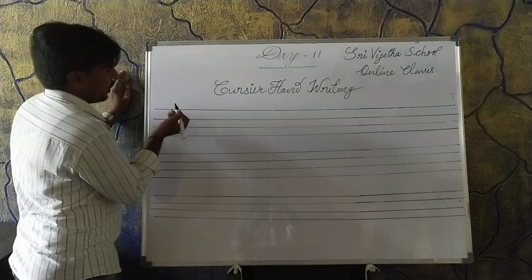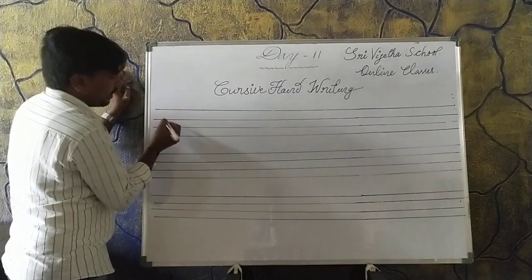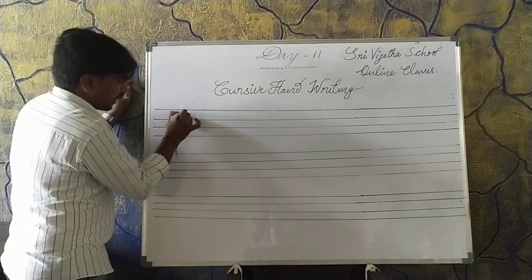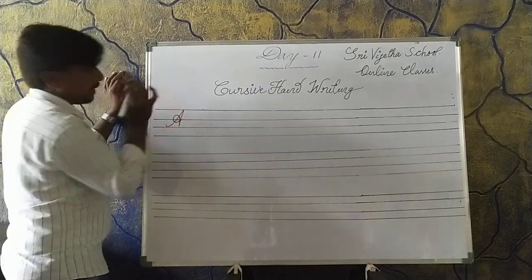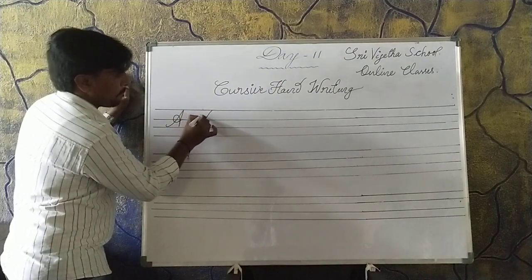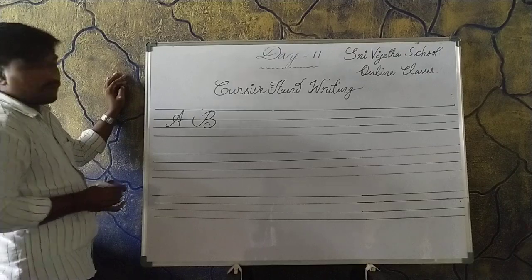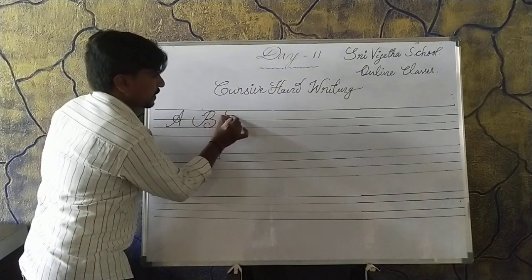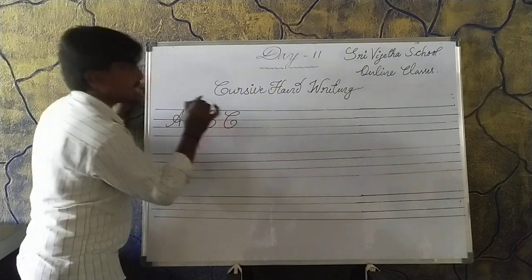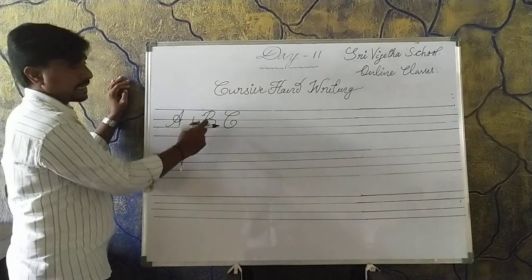Up to here we learned A. Look here, again I repeat: A, okay, and B, okay, and the next letter is C. A, B, C.